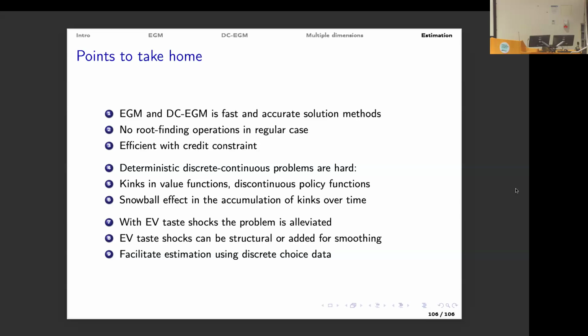Extreme value will give you closed form solutions and can be added as a structural unobserved state, or can be treated as a smoother, just a numerical technique. Doing this facilitates estimation using discrete choice data in the presence of consumption savings. So useful in many different areas, as we started.